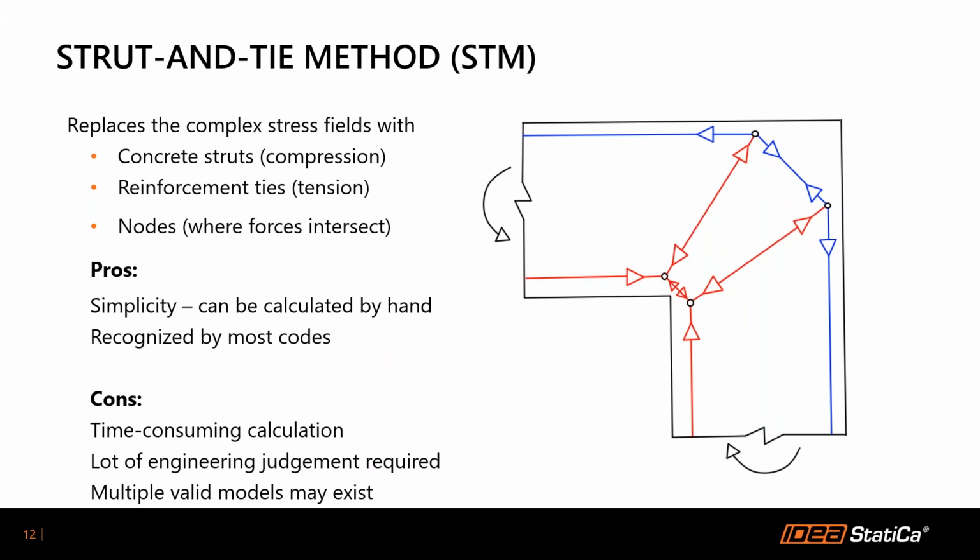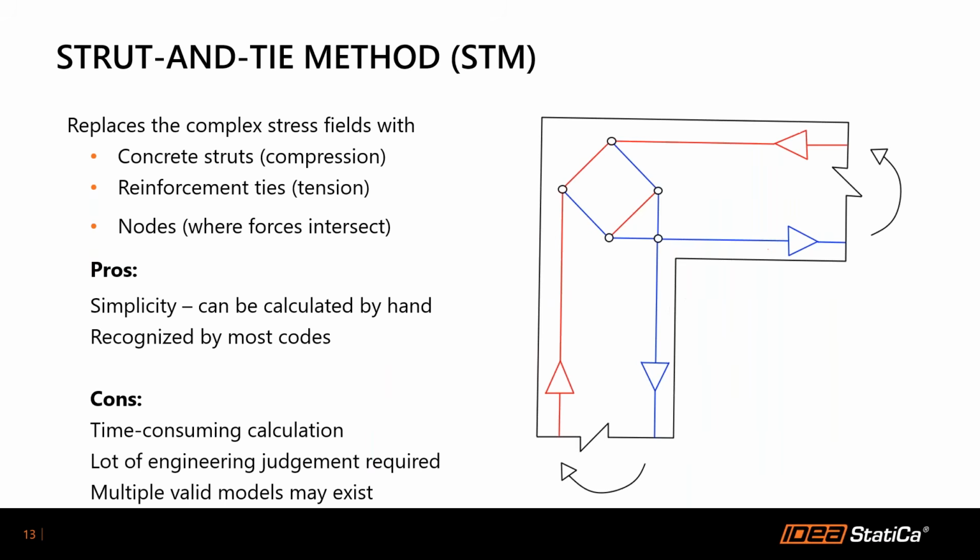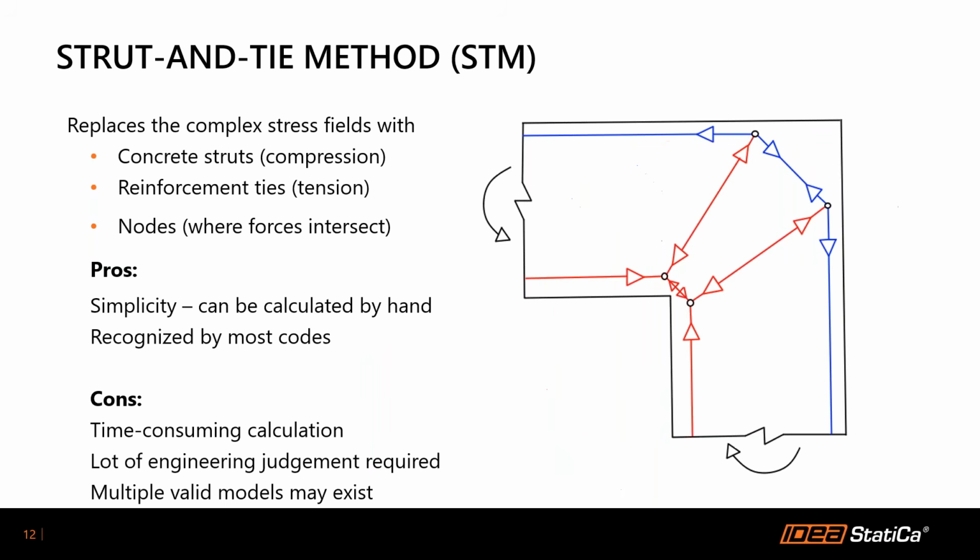The main disadvantages are that it is quite a time-consuming calculation, and it requires a lot of engineering judgment, mostly because multiple valid models can exist for the same structure, and the engineer has to pick the right one for his or her design. On the right side, you can see some typical strut-and-tie models for frame joints loaded in negative or positive bending moments.